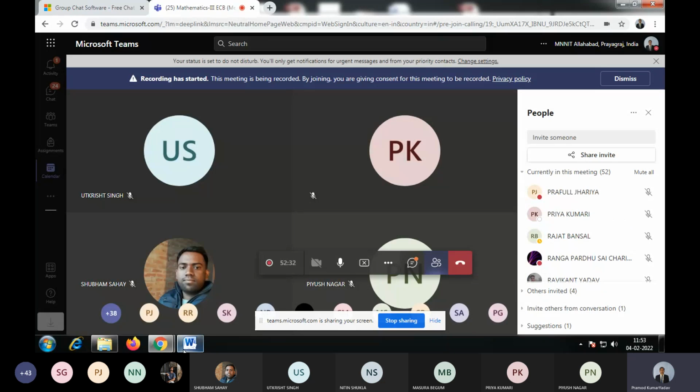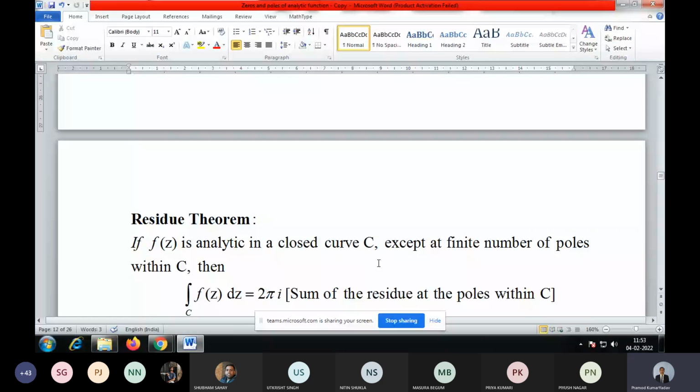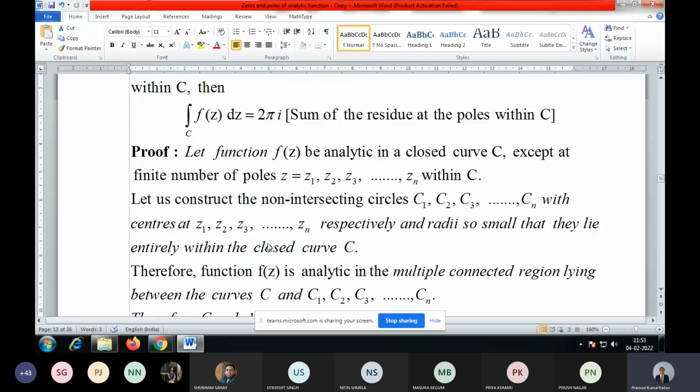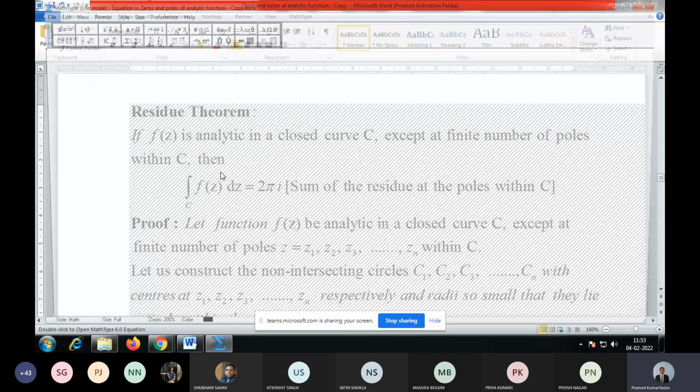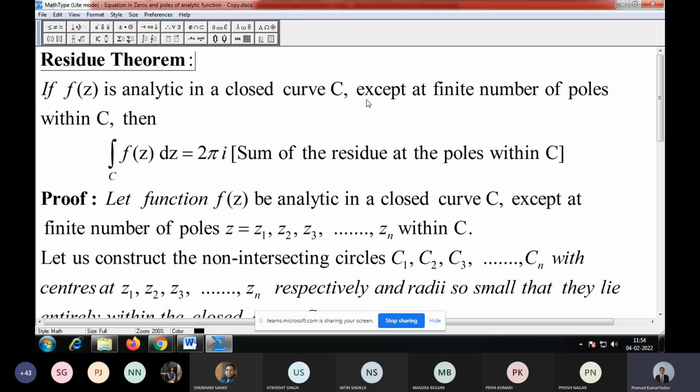Okay. So now our next topic is Cauchy's residue theorem. This is a very, very important theorem to find the value of integrals in complex analysis. Residue theorem: if a function f(z) is analytic in a closed curve C, except at a finite number of poles within C, f(z) is analytic.